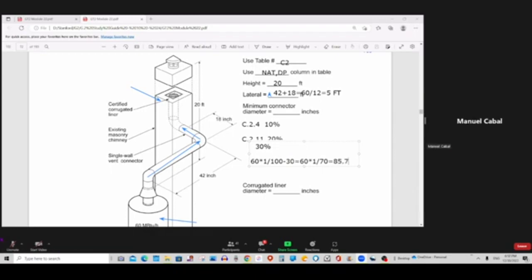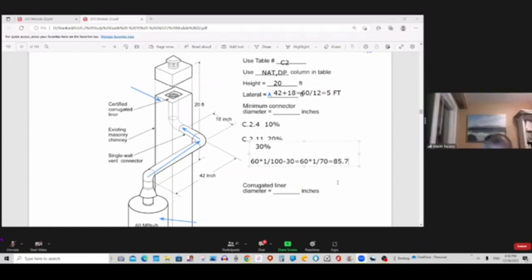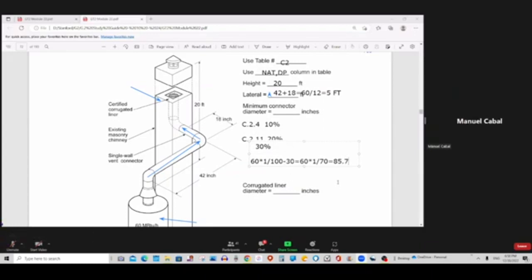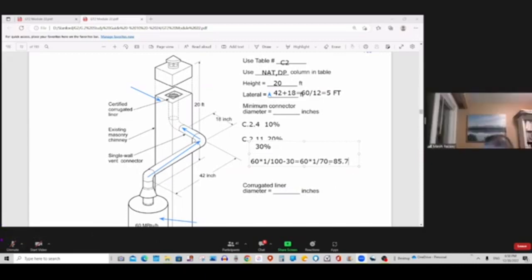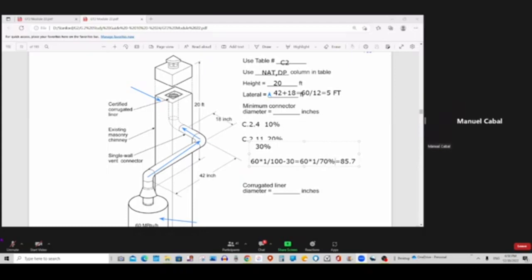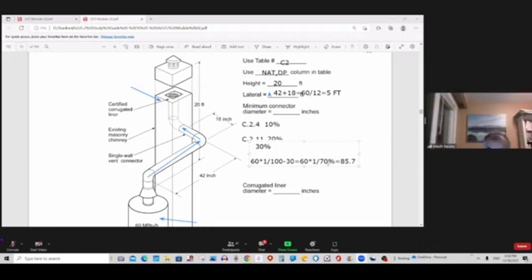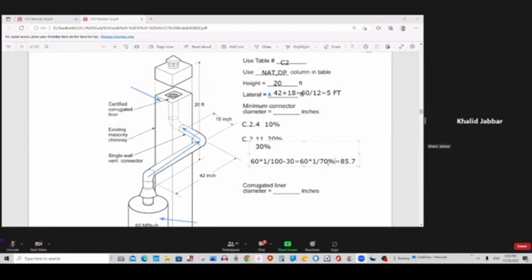60 times 1 divided by 70. It's 70%, okay? 60 divided by 0.70 is how come 85.7.